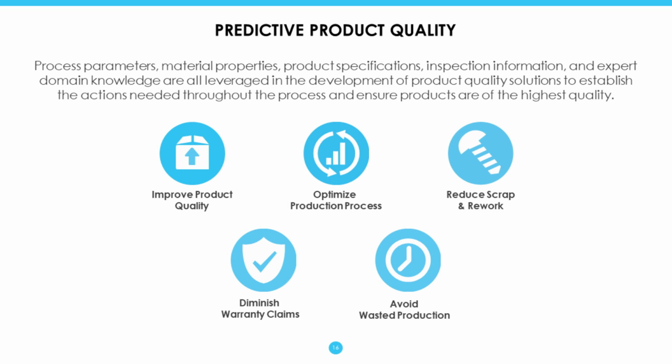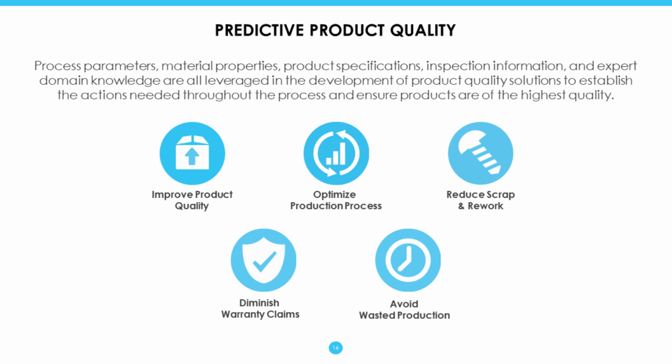We'll show you an example of bringing in material properties of the steel coil used to make the part, because that impacts the quality of the part. Then there's the product specification you're producing. There are thresholds that your process parameters have to stay within, so you have to maintain those thresholds while you're manufacturing.